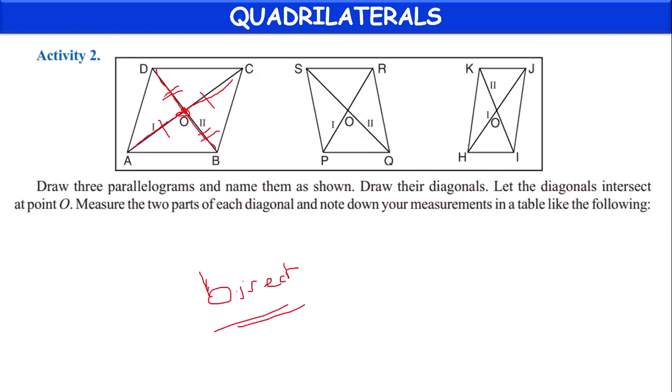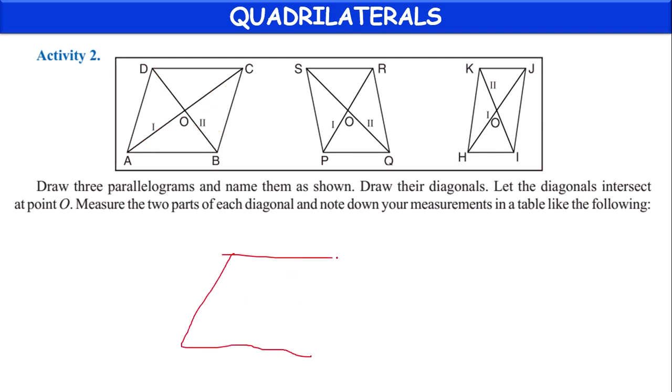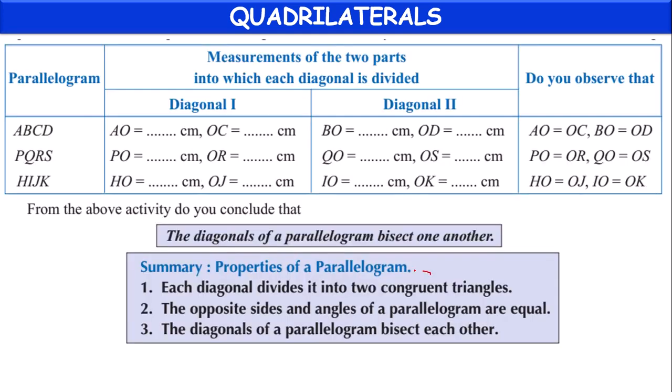And one more thing. Suppose this ABCD is there. If we draw a diagonal, it will divide the parallelogram into two triangles which are congruent.